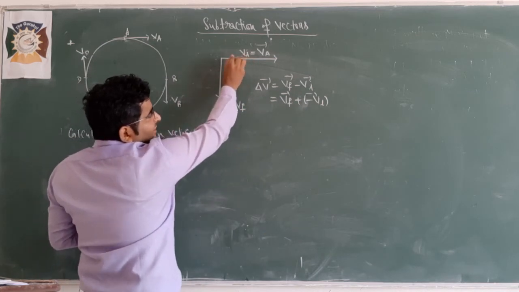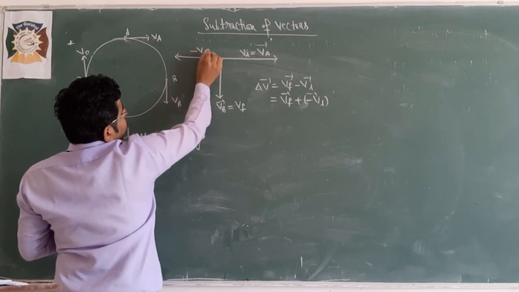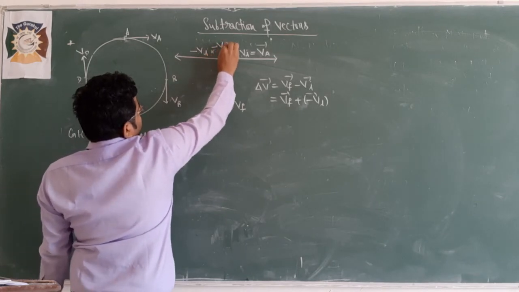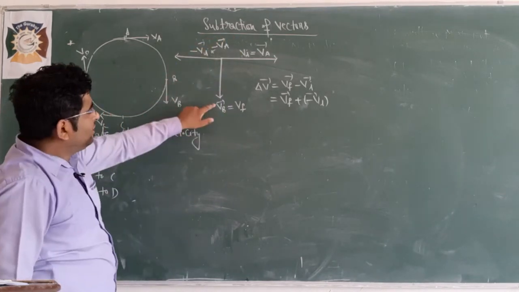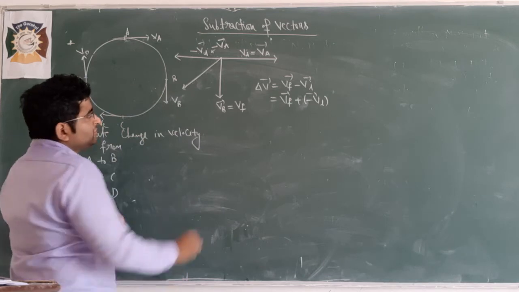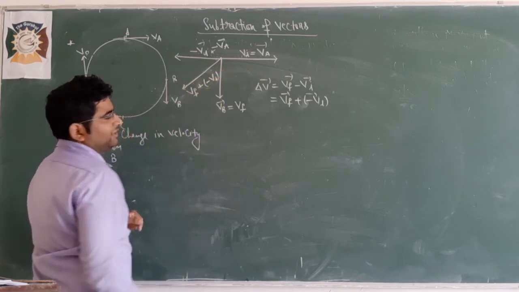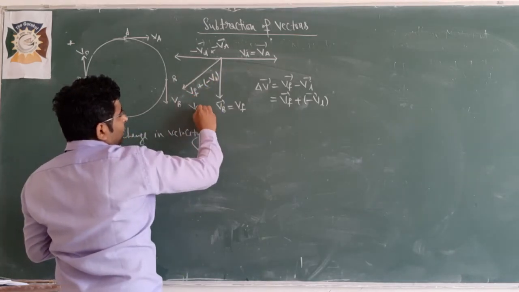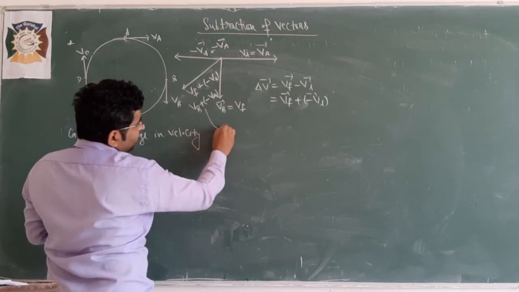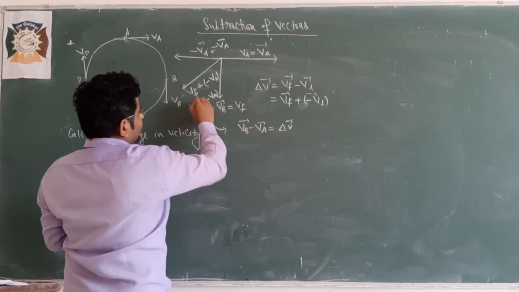So beta, the initial vector is along x, the negative of this vector will come along minus x. Clear? So beta, the resultant of the first and second vector will come here. So what will the resultant be? Vf plus minus Vi, that is VB plus VA minus of VA. Clear? So it will give VB minus VA and it is equal to delta V.